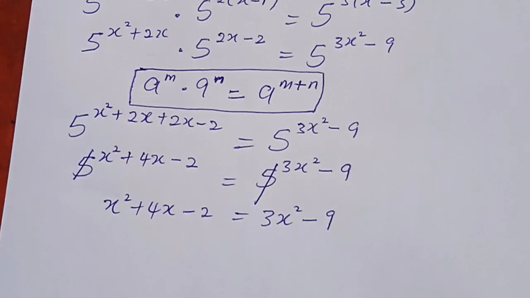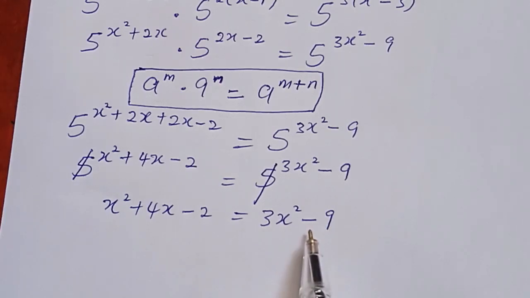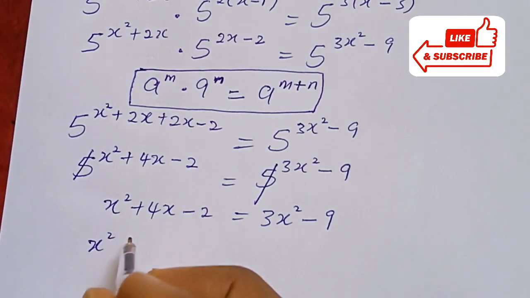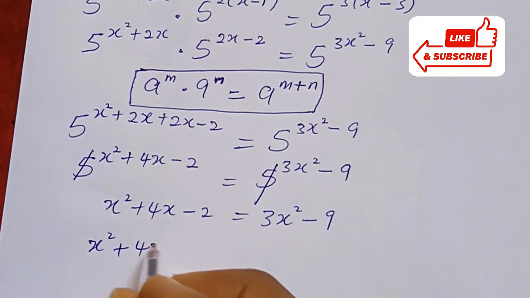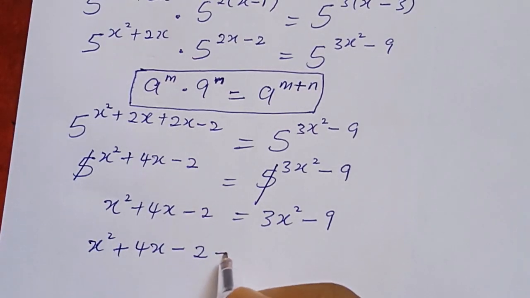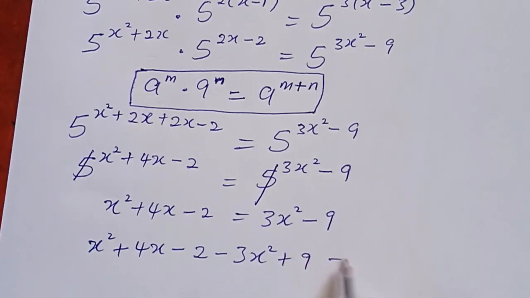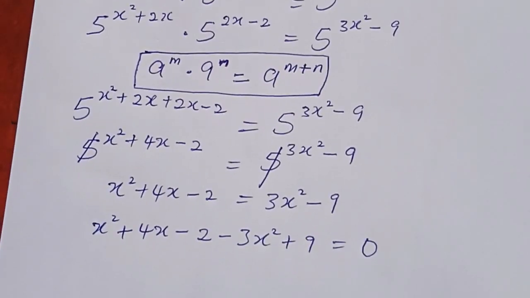So from here, what we need to do is to move the expression at the right hand side to the left hand side to equate the right hand side to 0. So we have x squared plus 4x minus 2, then minus 3x squared plus 9, everything equals to 0.